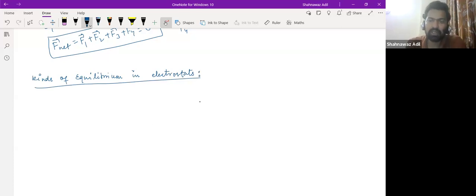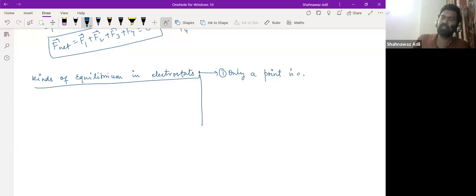So there are two kinds of equilibrium. One is that only a point is at equilibrium. Okay? So only a point is at equilibrium.